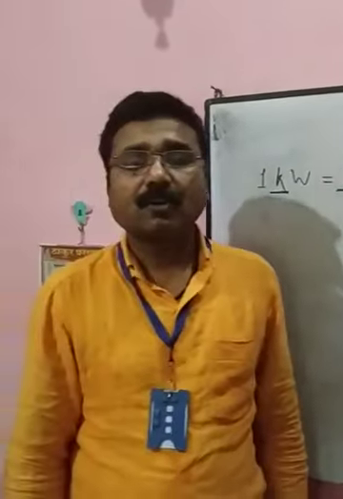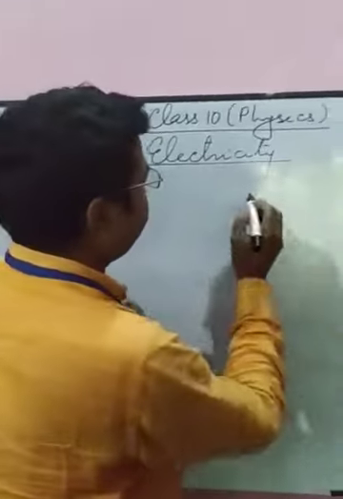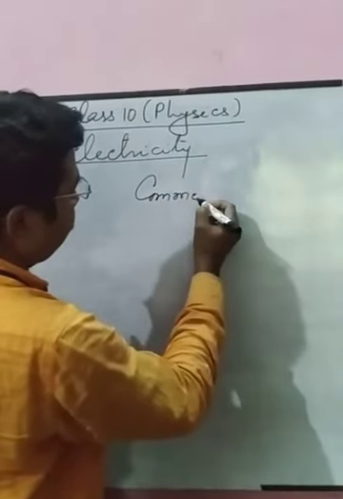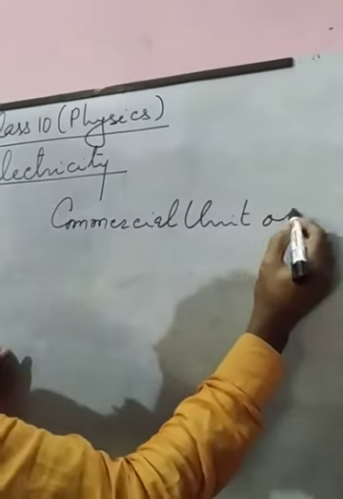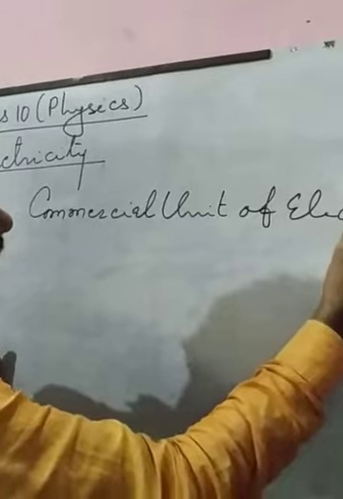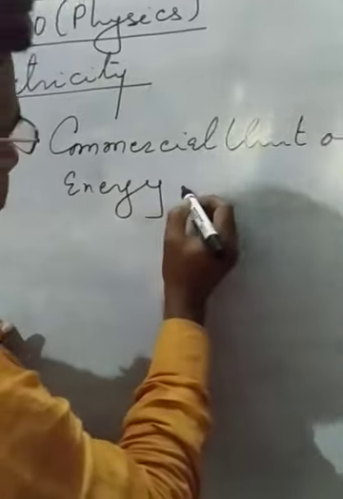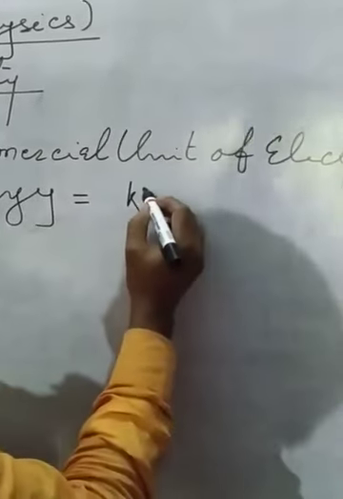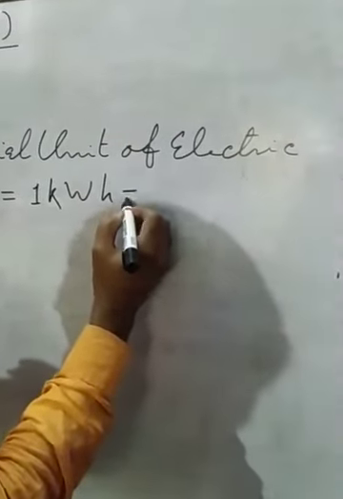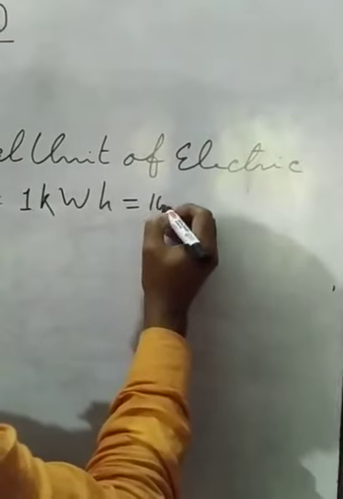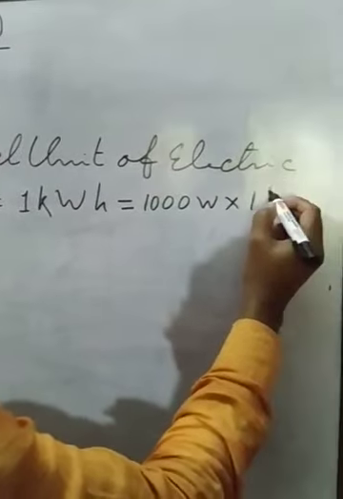Dear students, the commercial unit of electric energy is kilowatt hour. 1 kilowatt hour is equal to 1000 watt into 1 hour.